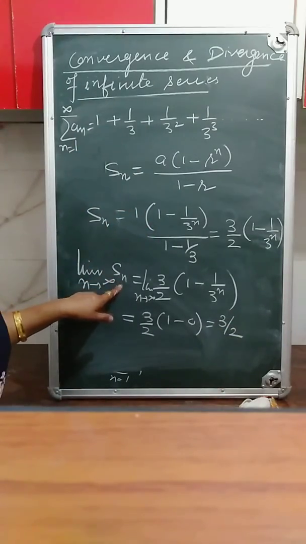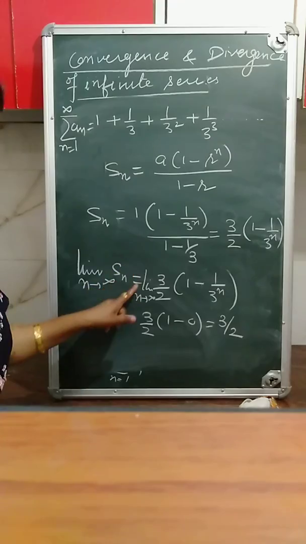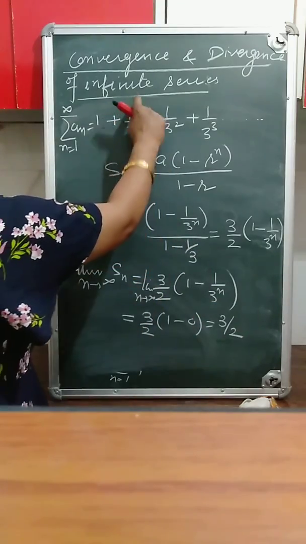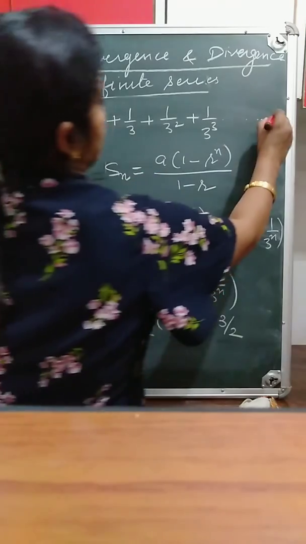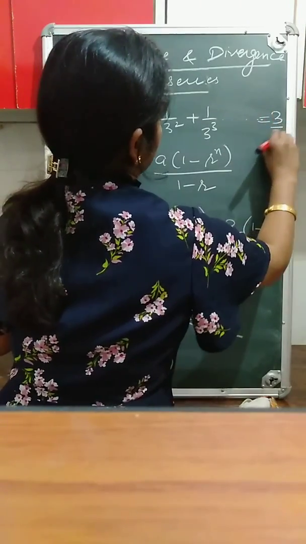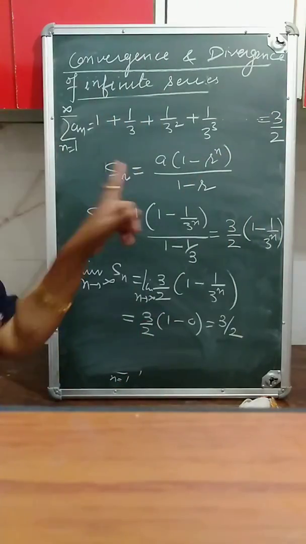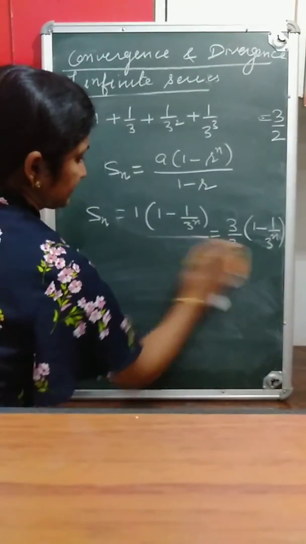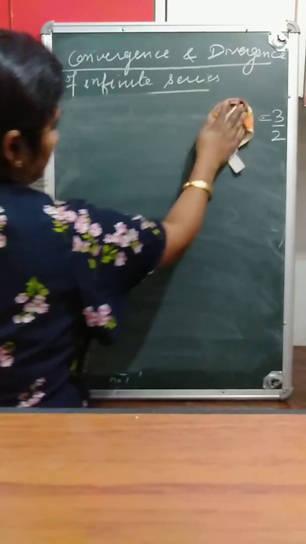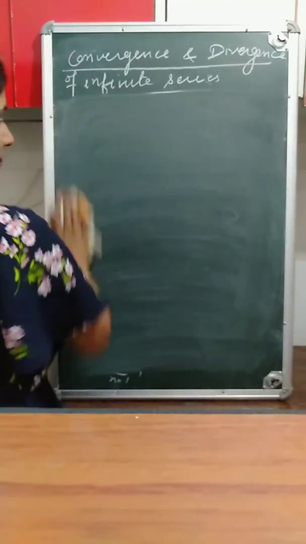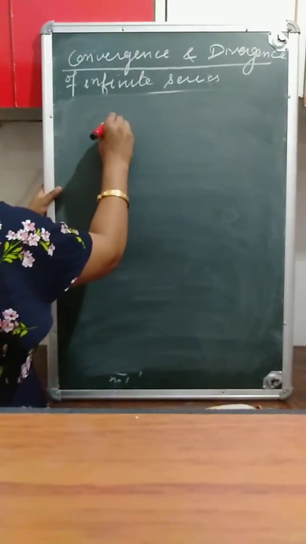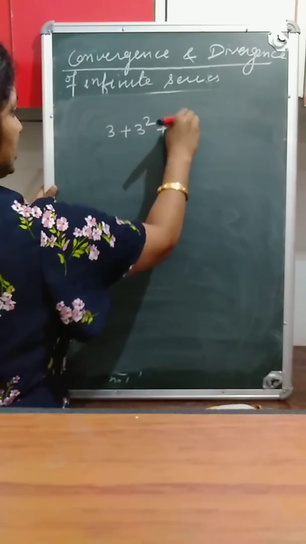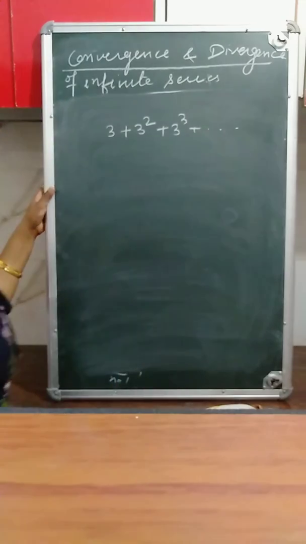Now clearly the sequence of partial sums Sn converges to 3 by 2, and therefore the sum of this series is also equal to 3 by 2. This is an example of a convergent series. Next, we can also consider the series 3, 3 square, 3 cube, and so on.